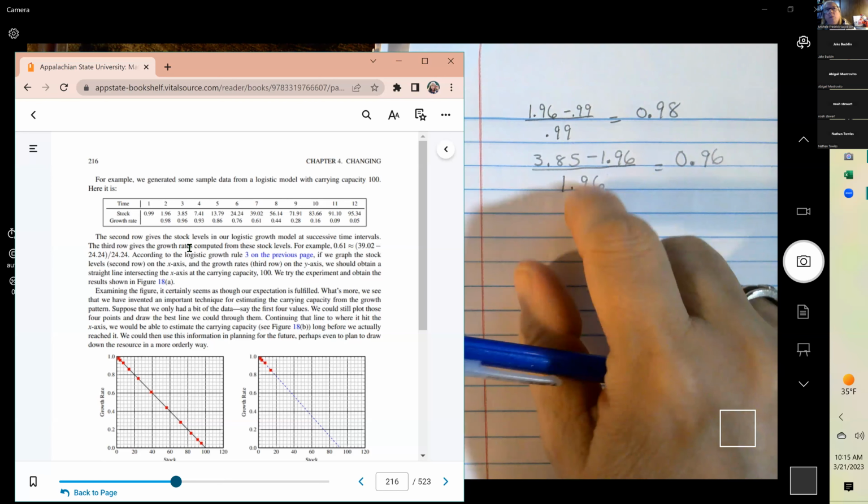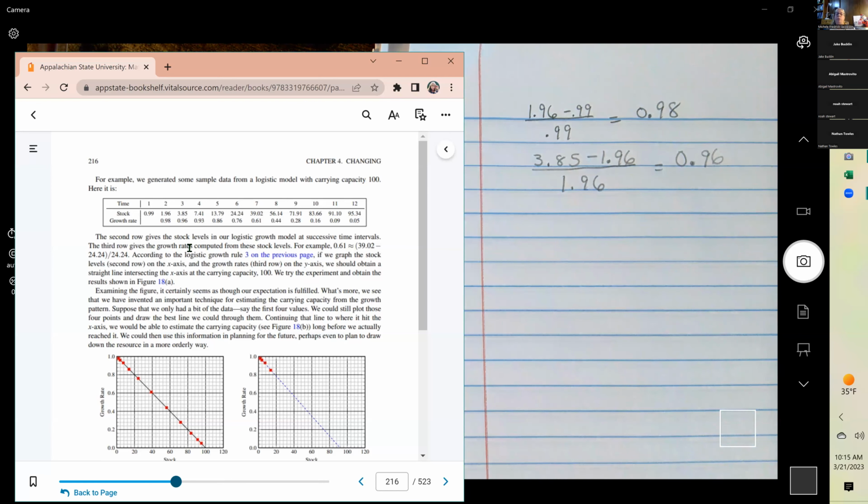Instead of finding the rate from the very beginning, the starting amount, they're finding it between each time interval.